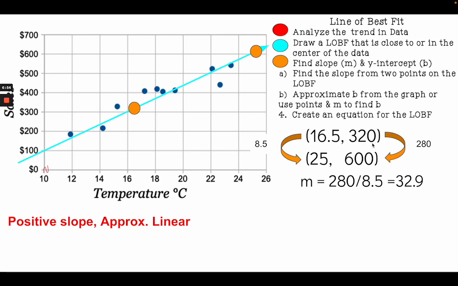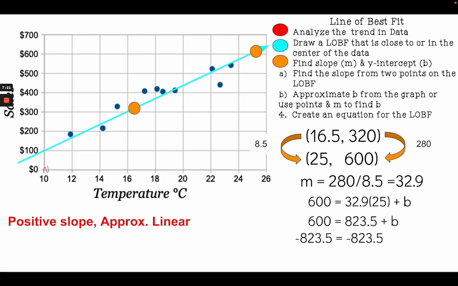so since we cannot approximate from the graph, we have to use the 2-point method. 2-point method, just a reminder, is when we take y equals mx plus b, and we plug all those parts in. Here we have a y, 600. Here's our m, 32.9. Here's our x, 25. We're going to solve the equation for b just by using math.